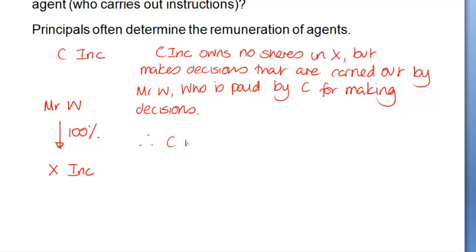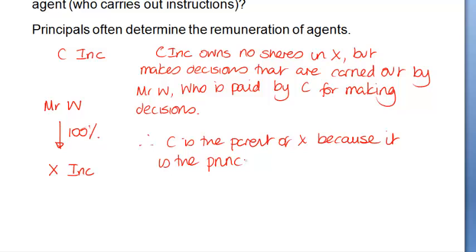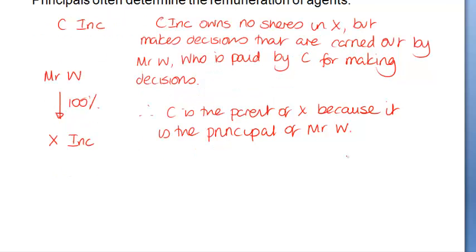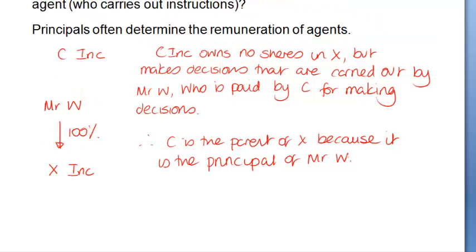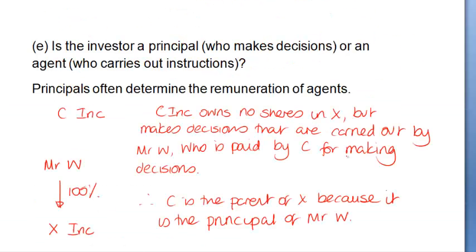Therefore, we would say that C is the parent of X because it is the principal of Mr. W. So we're looking at these pragmatic, practical tests here. So that's IFRS 10.